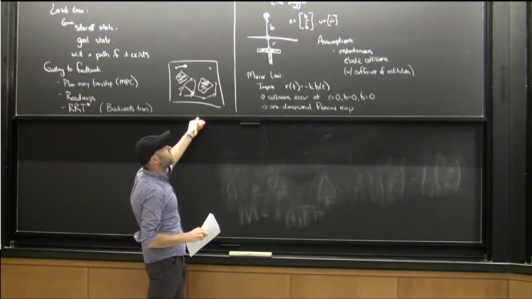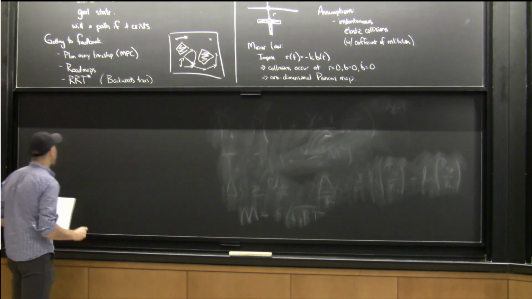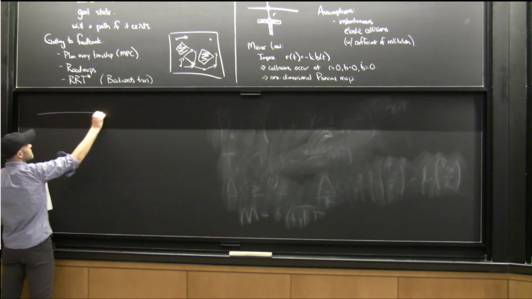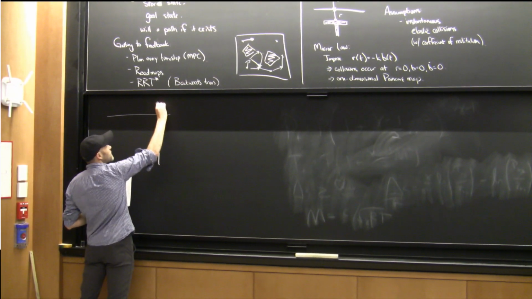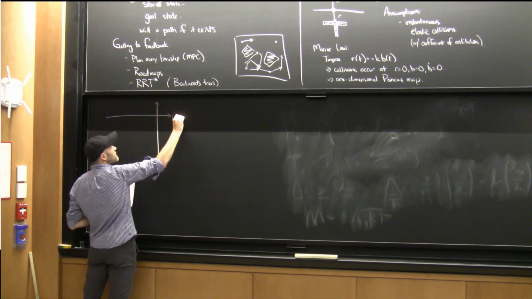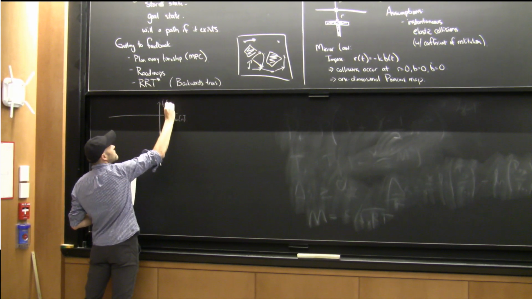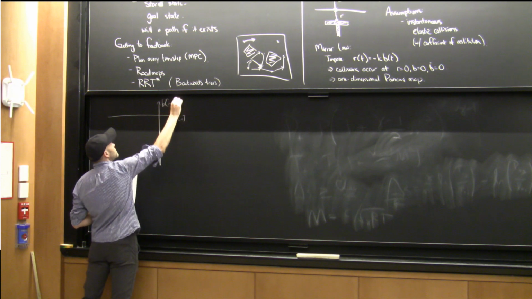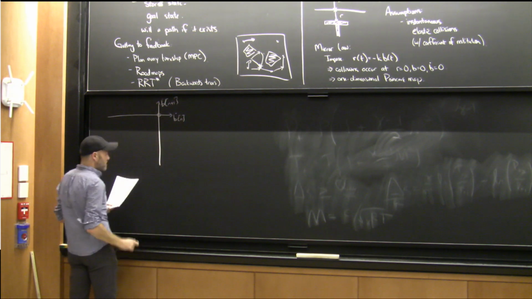So if you were to plot this collision to collision return map, the way I've parameterized it, if I write ḃ at the nth collision versus ḃ at the n plus 1th collision, then there is a fixed point at 0.